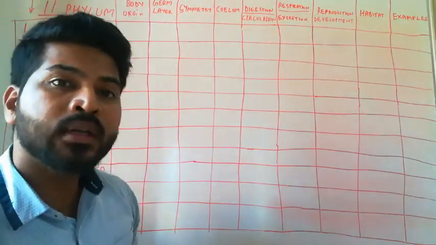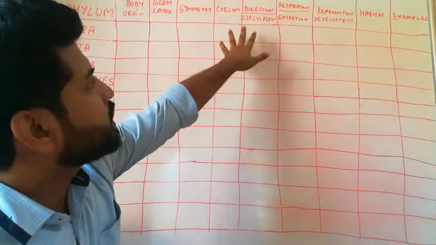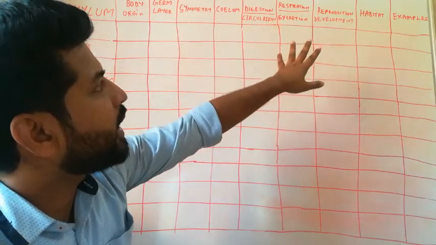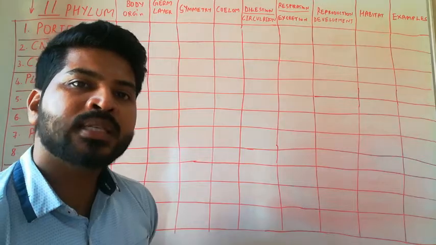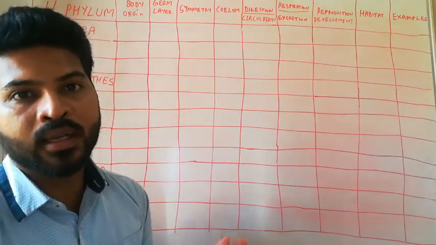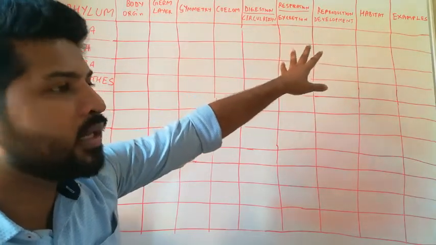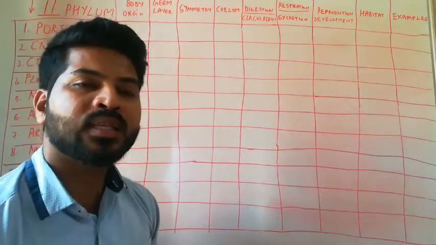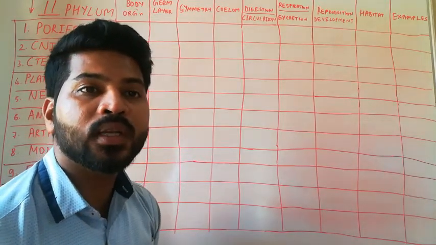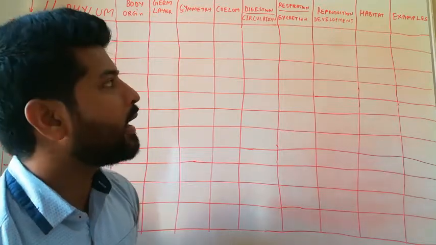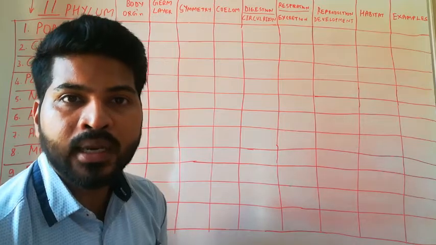Based on the presence and absence of coelom, it could be acoelomate, pseudocoelomate or coelomate. Digestion, circulation, respiration and excretory systems, whether they are present or absent, and if present, whether complete or incomplete. Also reproduction and development: whether the organisms are hermaphrodites, unisexual or bisexual, and whether development is direct or indirect.